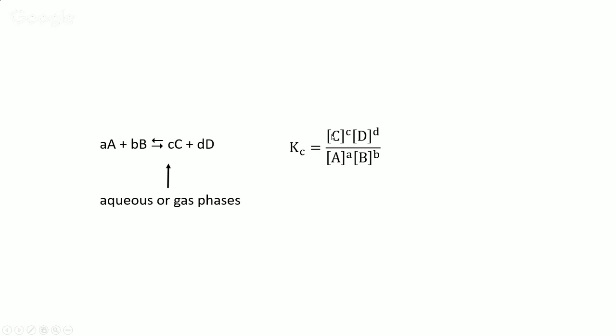Okay, I had it flipped. This expression is only true for chemicals that are in the aqueous or gas phase. If it's anything in a solid or a liquid phase, we don't factor it into our expression of K.